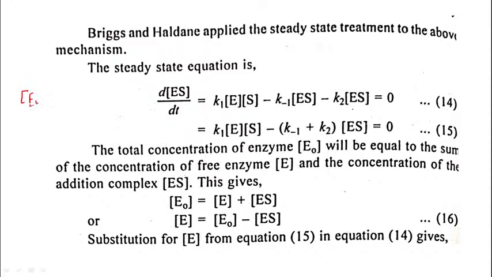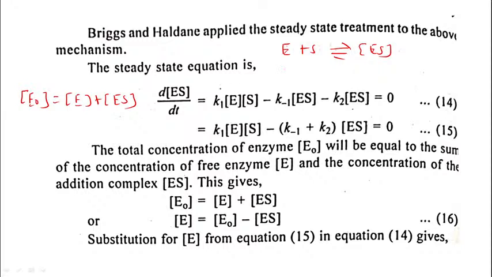So E0 is equal to the concentration of the free enzyme E, and enzyme goes into the intermediate, that is ES. This is the first step. Let us write that once again: E plus S gives ES.